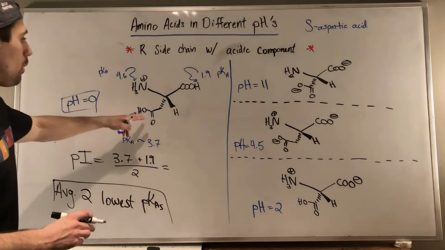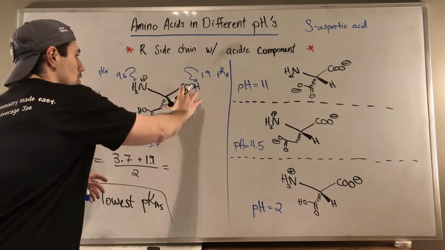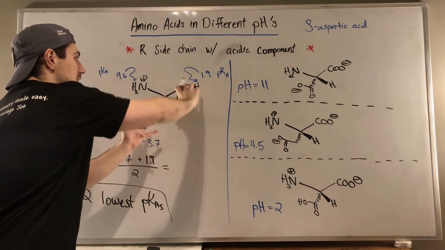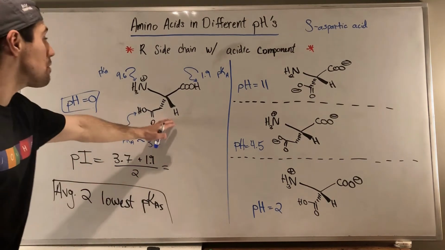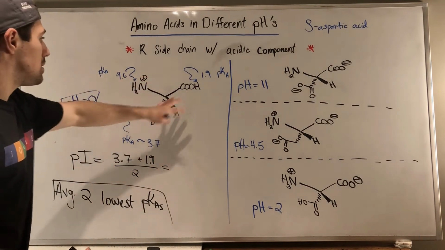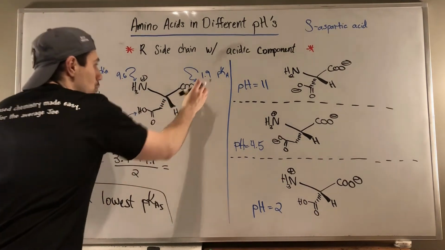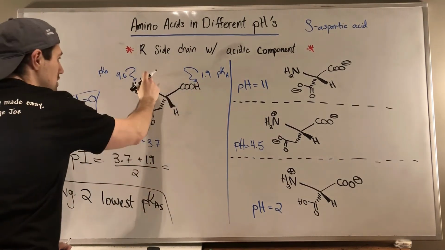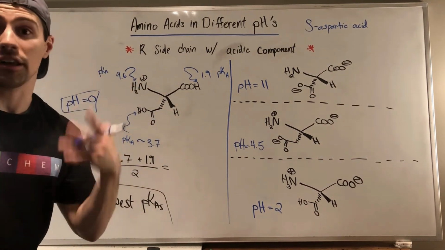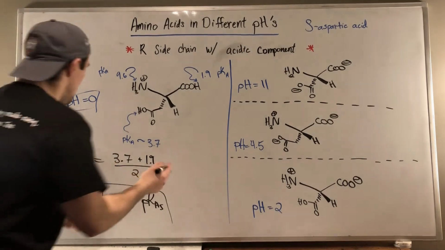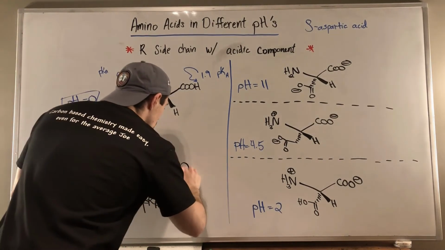We want the point where these add up to one negative charge. We can't have them both be negative, because then it would be two negatives and one positive, but we need a combined -1 to counterbalance our plus and get our zwitterionic behavior. So the PI, the isoelectric pH of this, is 2.8.